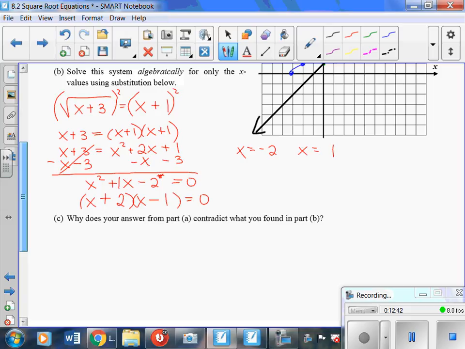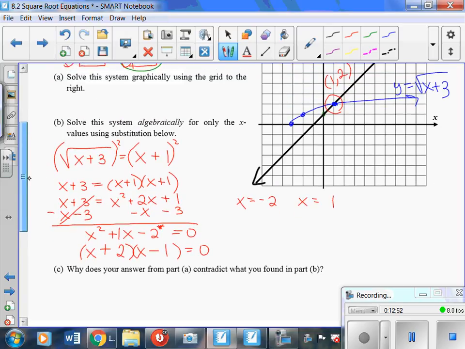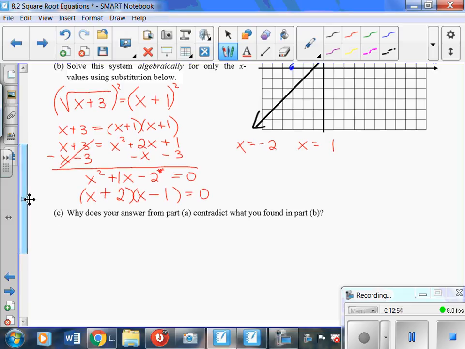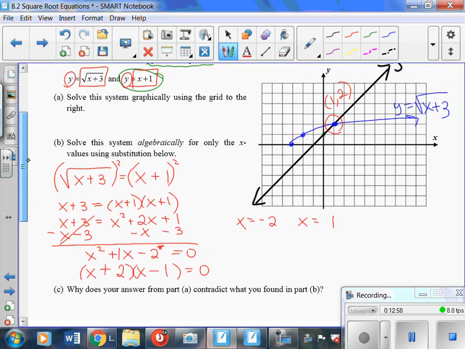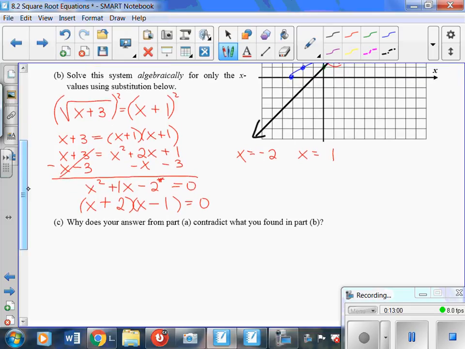All right, well, that's two variables, but remember, the system of equations yields a point. So if I look here, I know that one of my points is 1, 2. And how I can get my 2 is I use my other equation. y equals x plus 1, so y is equal to 1 plus 1, which is 2.